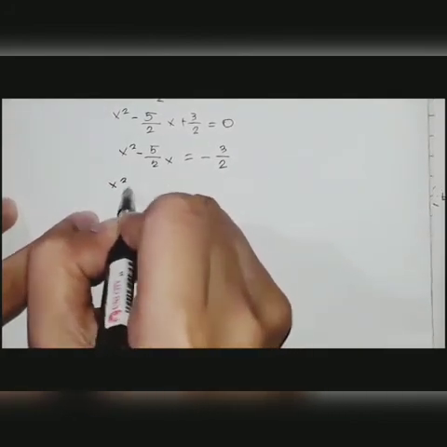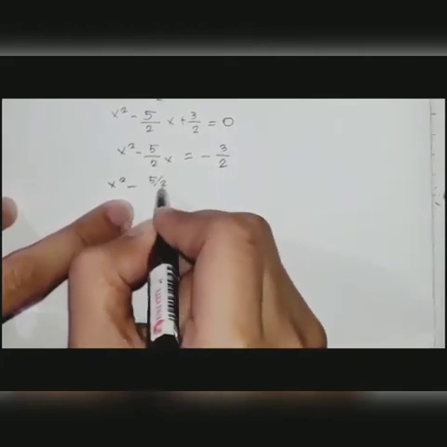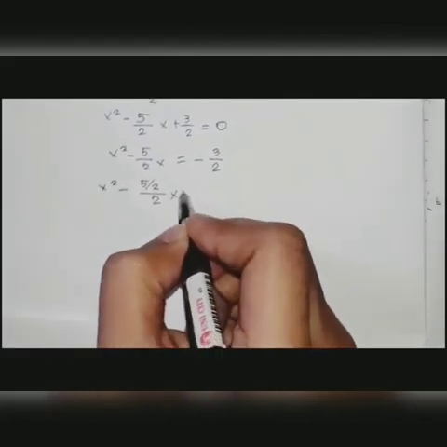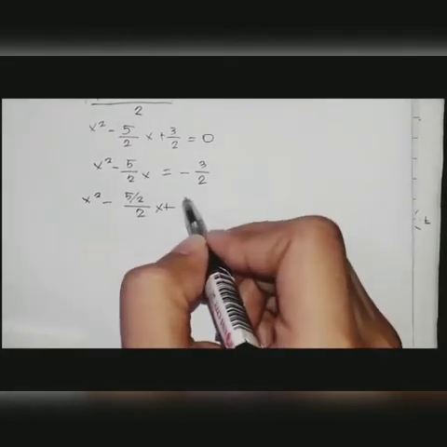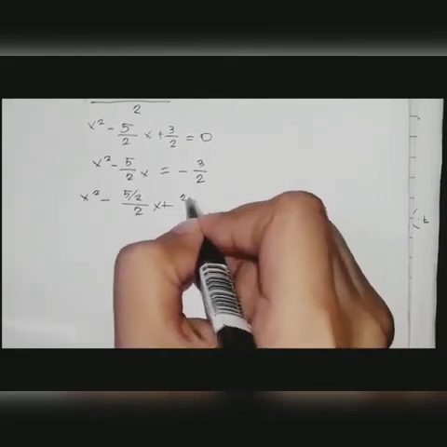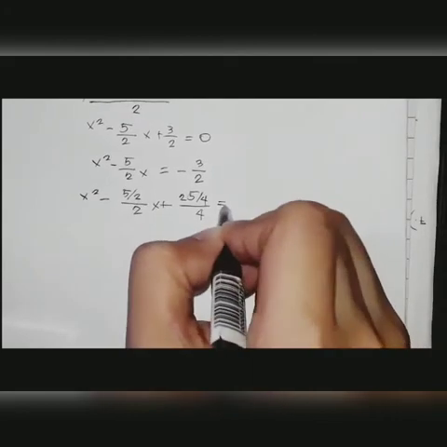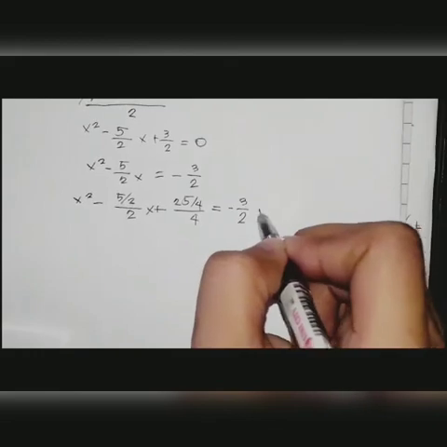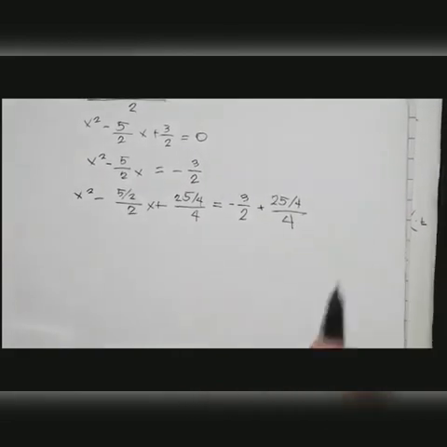Next, x squared, divide this whole fraction by 2, 5 over 2 over 2 x plus the square of this value. So this is 25 over 16, is equal to negative 3 over 2 plus 25 over 16.